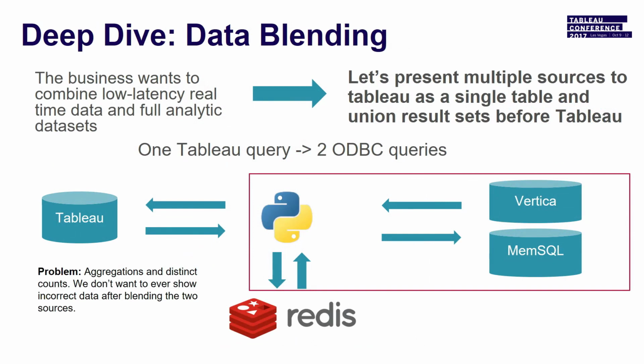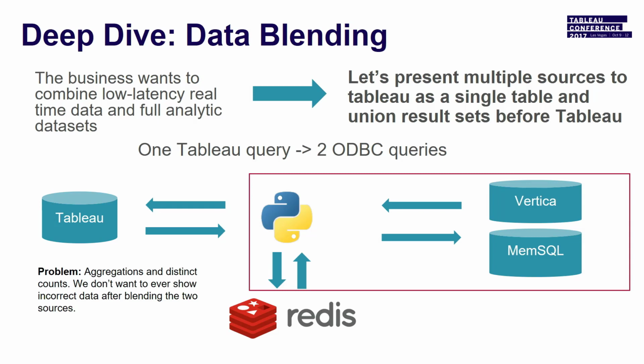So the second thing this lets us do is arbitrarily combine data from different sources before it even gets to Tableau. So this is where the MemSQL and Vertica integration really happens. We tell Tableau, hey, we have a single data source, this one table that you can connect to. When Tableau queries that, we actually run that query versus these two databases, concatenate the results, and send it back to Tableau.